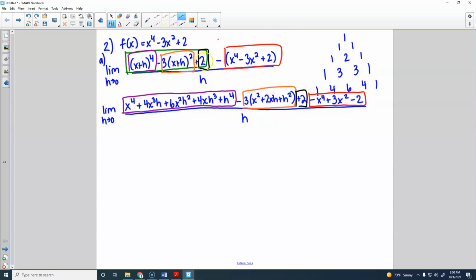Is it okay with you guys right here? We got this 3 right here that's got to be distributed. I'm just going to write it. It's okay with me if you erase it and distribute there so you don't have to write all this again.